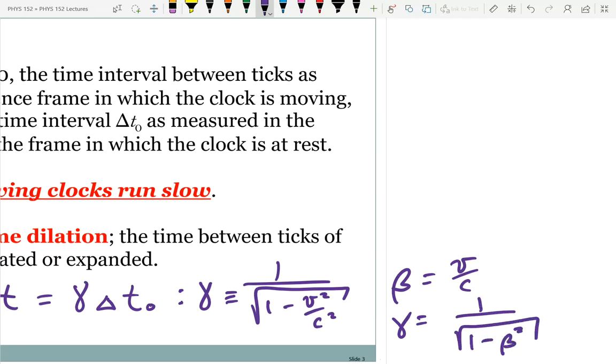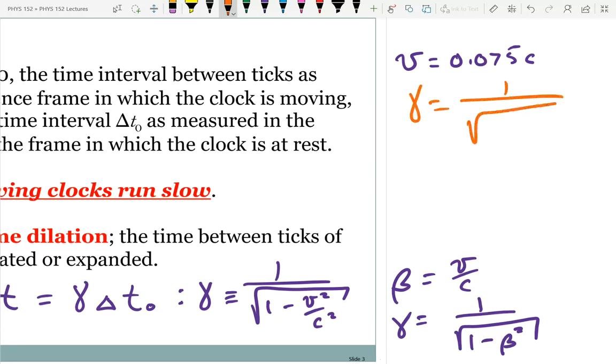So I was working with Edika on the homework this morning, and you have things where, if v is equal to 0.075 c, technically, if you want to calculate gamma, you certainly can. Gamma is equal to 1 over square root of 1 minus 0.075 c squared.